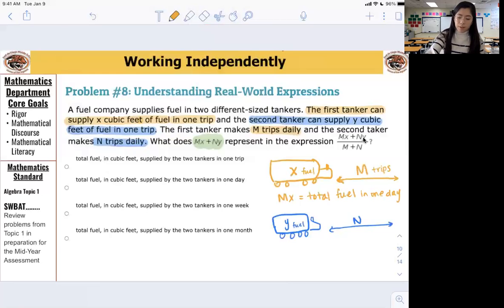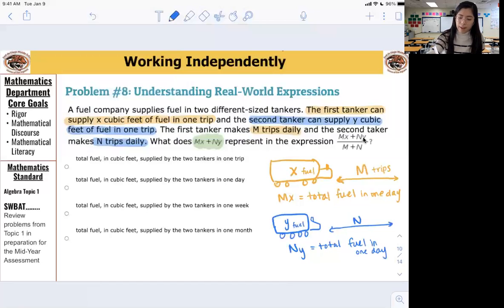And same thing with the other guy. N times Y, okay? Y is just how much you can take in one trip, but when I multiply that number by N, it's how much he can take in a whole day, because he's going to take multiple trips each day. So this is the total fuel in one day.